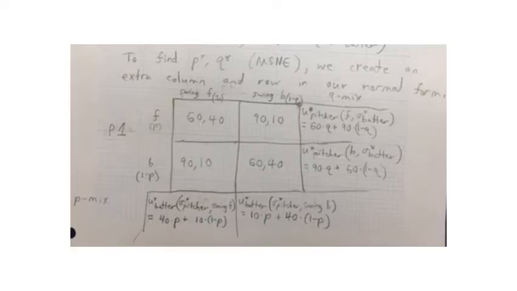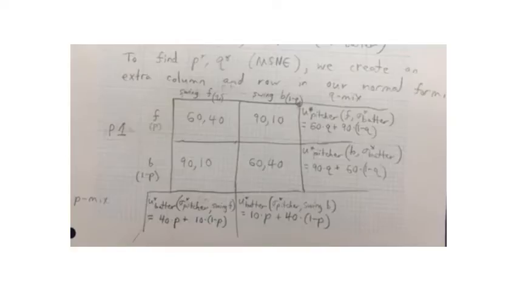Okay, moving across the P mix row to that second entry, the payoff to the batter, should the pitcher follow the designated mixed strategy and the batter swing for a breaking ball, is going to be 10 times P plus 40 times 1 minus P. Okay, so again, looking down now the second column and looking at second payoffs for the batter, if the batter swings for breaking ball, then they're going to get a payoff of 10 when the pitcher pitches a fastball.